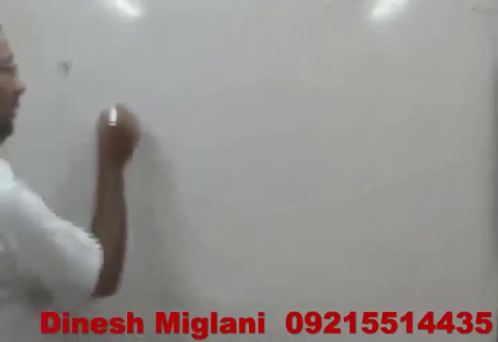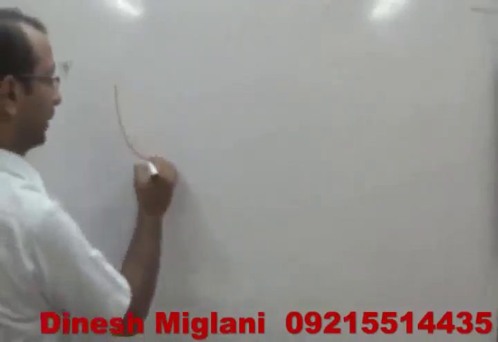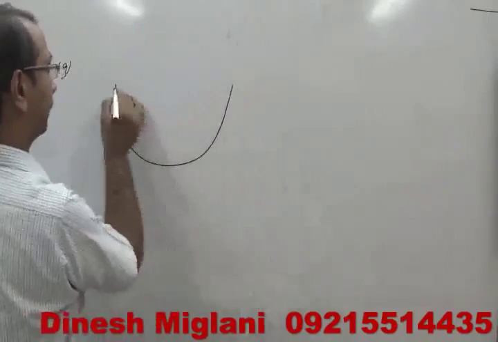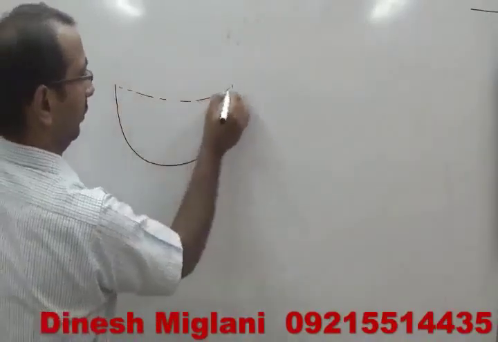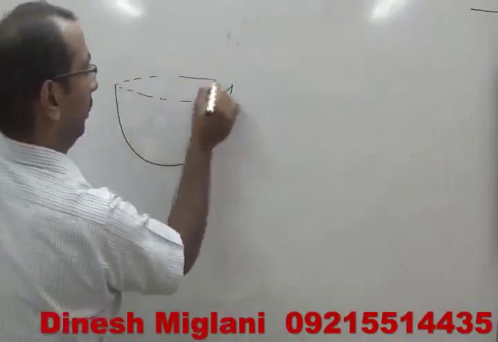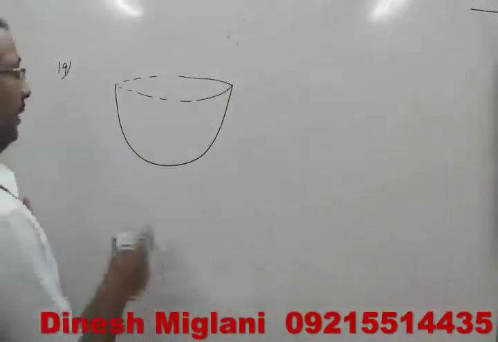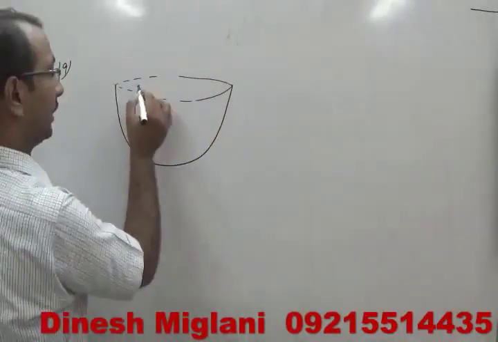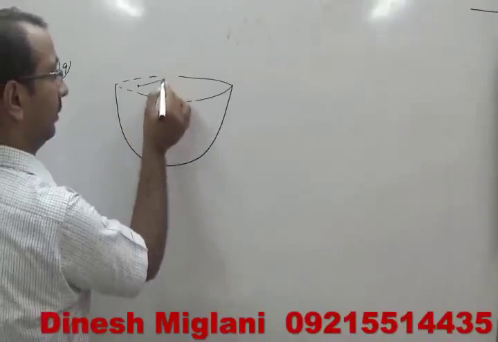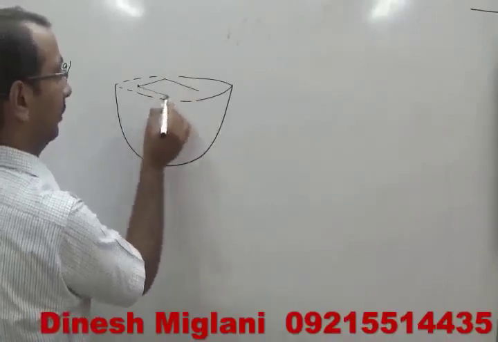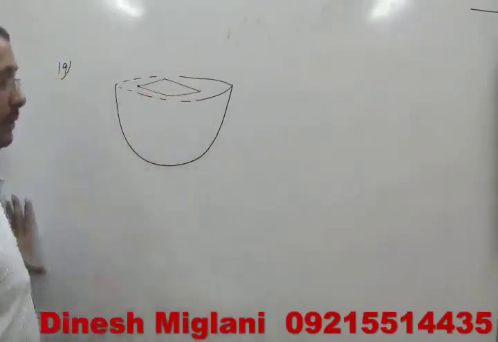So let us say one hemisphere is given to us. Inside we have to make one cube. If you make a cube inside it, it will not touch at any place, right?